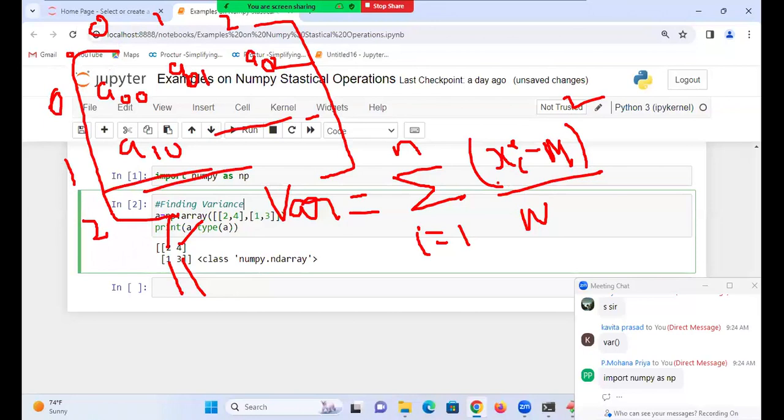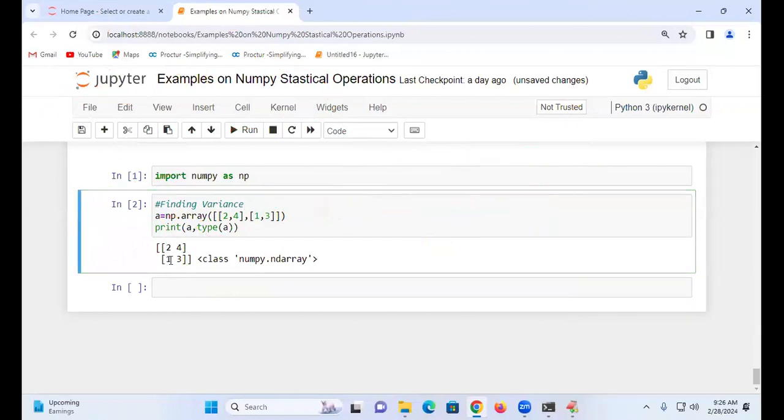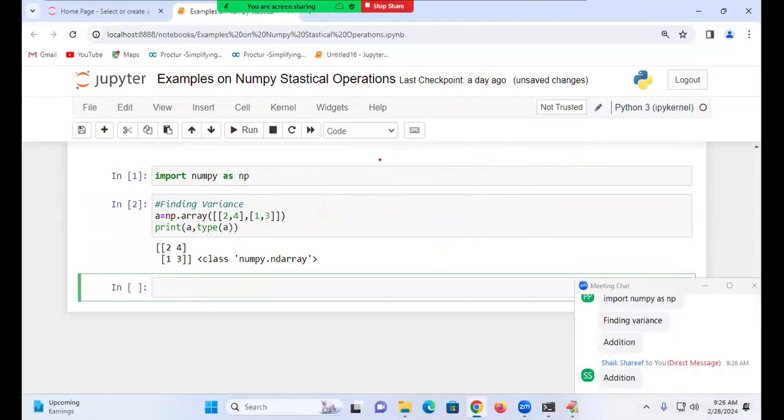Xi represents the matrix elements. And the m in the formula represents the mean. You need to take the mean.